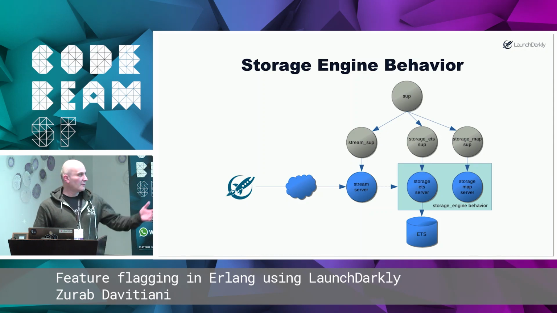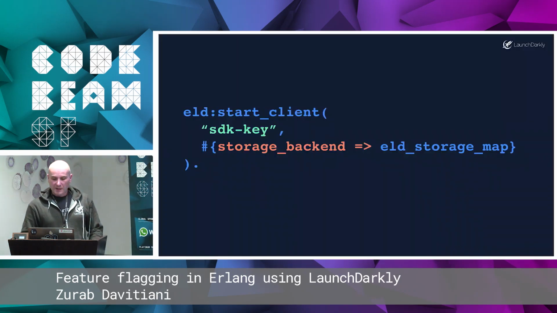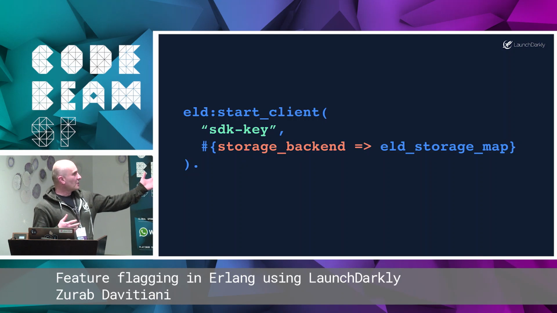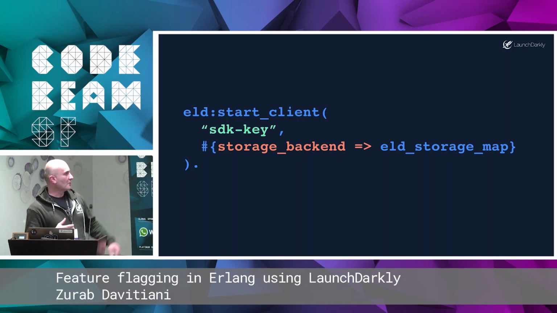And because it's a behavior, now anyone can implement those callbacks and initialize the SDK client with the optional storage backend and supply that implementation and implement the storage for flags and segments.